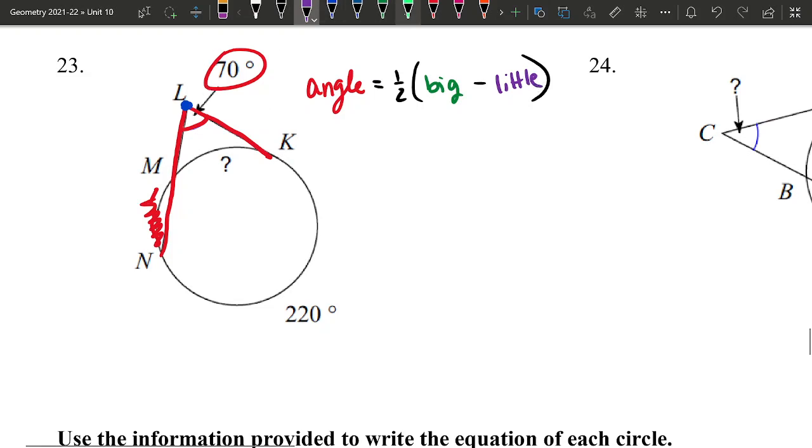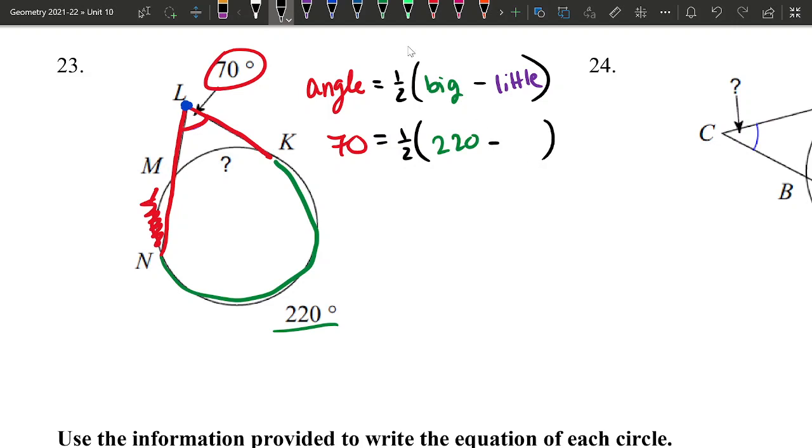And I know the value of the angle is 70 degrees. 70 equals 1/2. I know the big arc. It's the biggest one, it's furthest from the angle, 220. What I don't know for this problem is the little arc. I'm going to call that x.